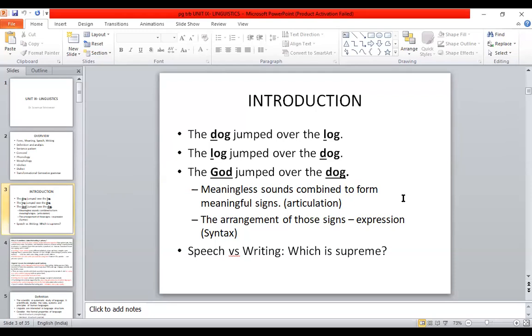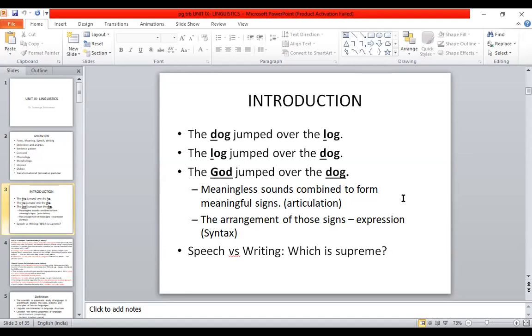Just because we replace D with L or L with D, the meaning completely changes. How exactly did this happen? So what does D signify? What does L signify? Does it really have some meaning?